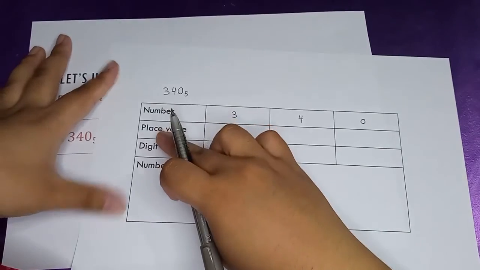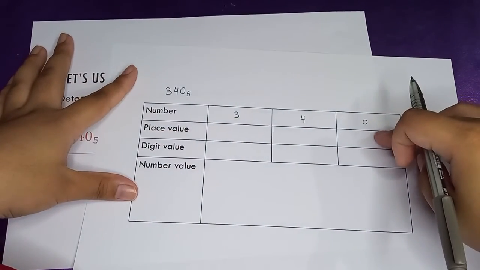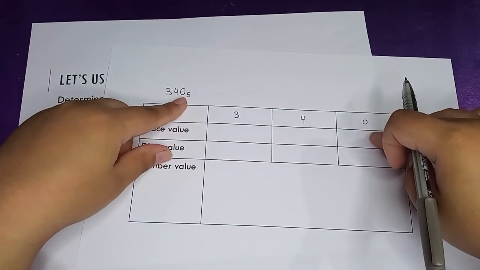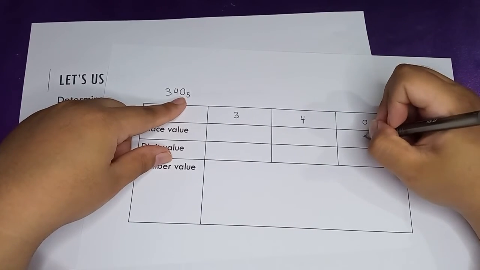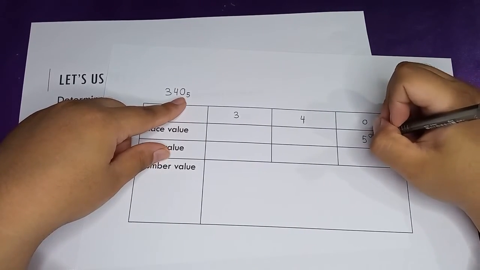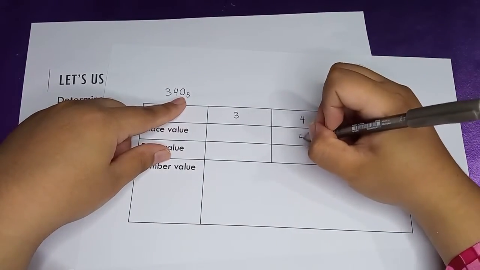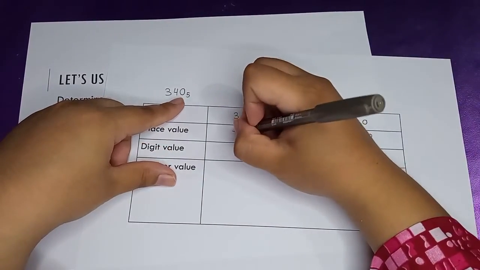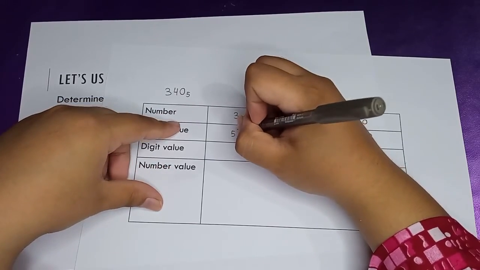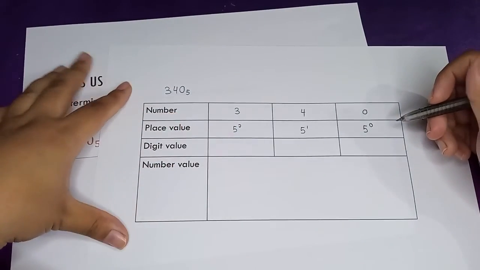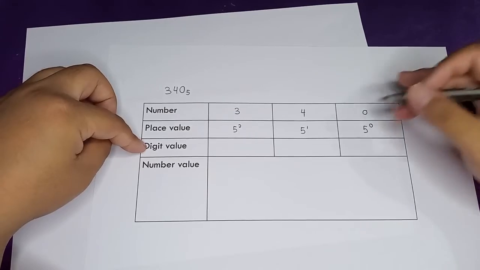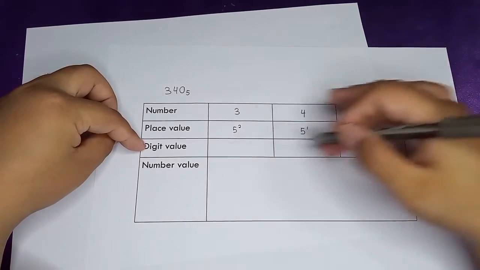For the place values, always start at the most right and look at the base. It was base 5, so here is 5 power of 0, start with 0, and then 5 power of 1, 5 power of 2. Then we determine the digit value for each number.